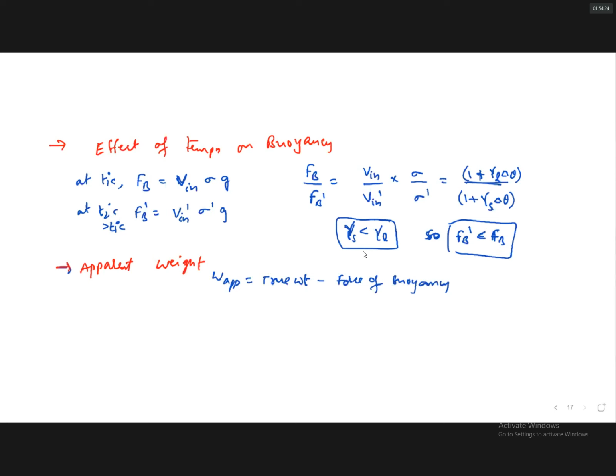Now, as temperature increases, the buoyancy force decreases, therefore the apparent weight increases.